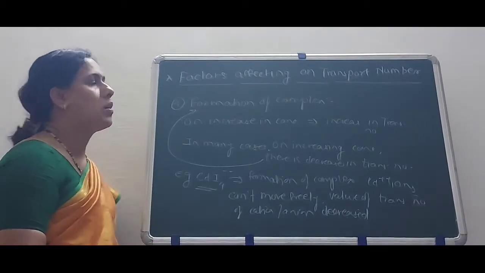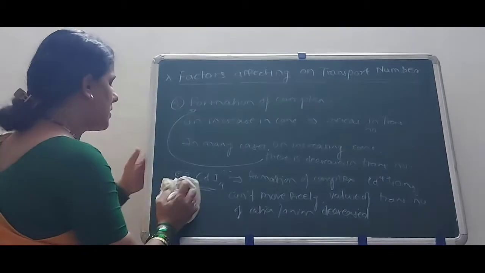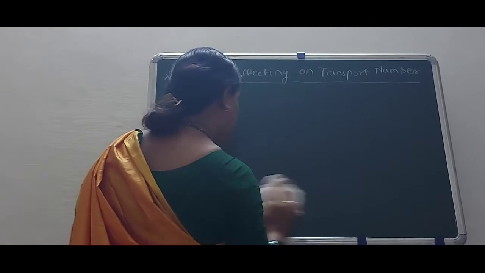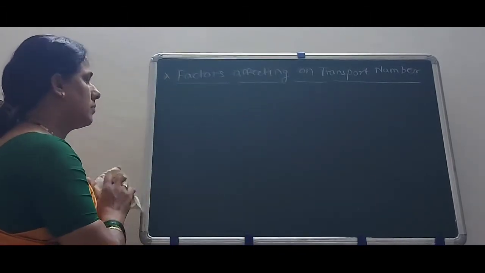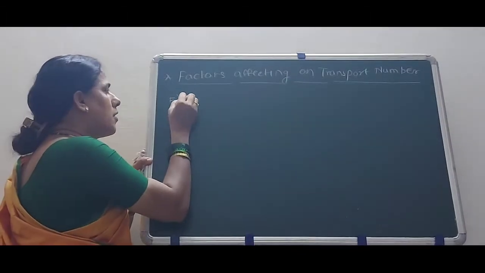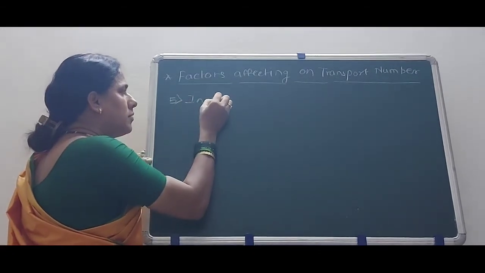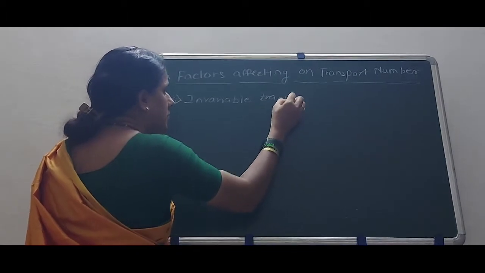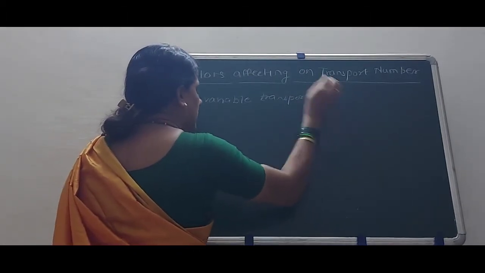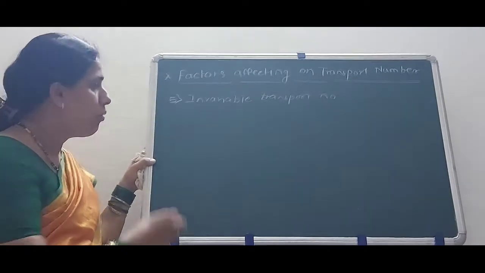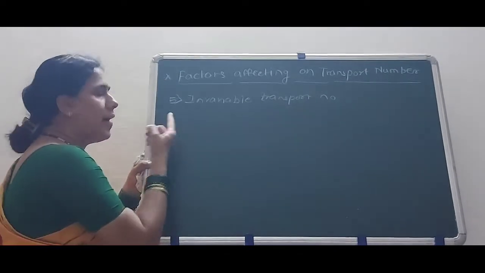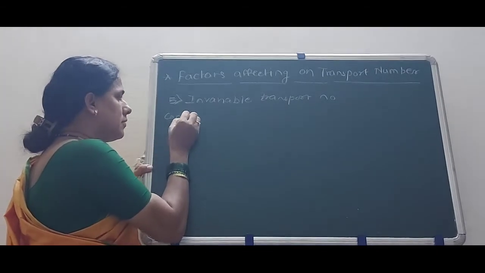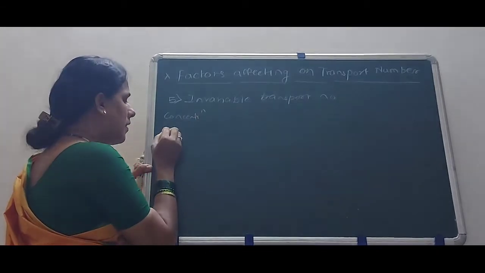Now come to the next point, the fifth factor, invariable transport number. For this purpose, we have to draw a table of concentration and transport number.